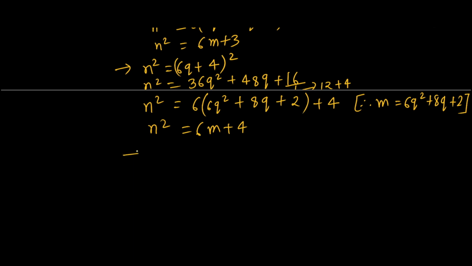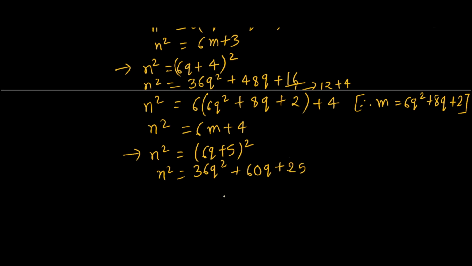So we got this, and the last is n square is equal to 6q plus 5 whole square. So n square is equal to 36q square plus 12 into 5, 60q plus 25. So we can write this as 24 plus 1.